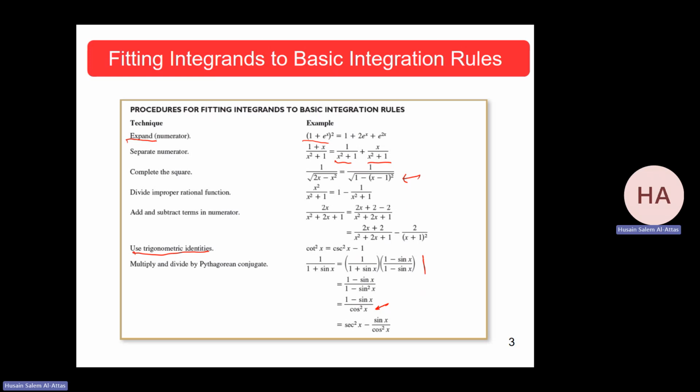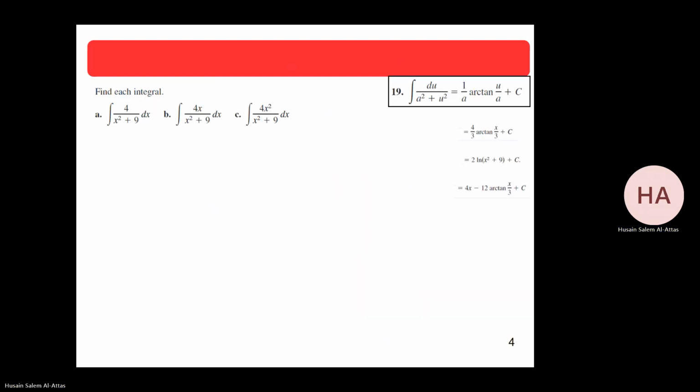So now let me do examples. Find this integral. The idea in this question is that these seem to be similar integrations, but they are not. In each one, you need to deal with it in a different way.